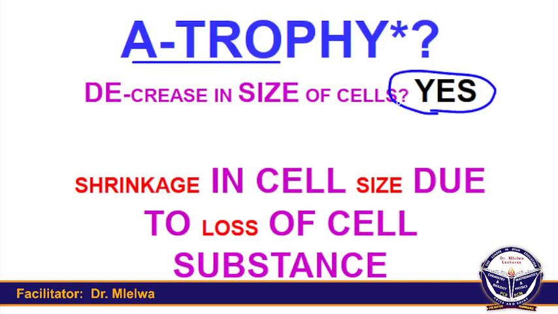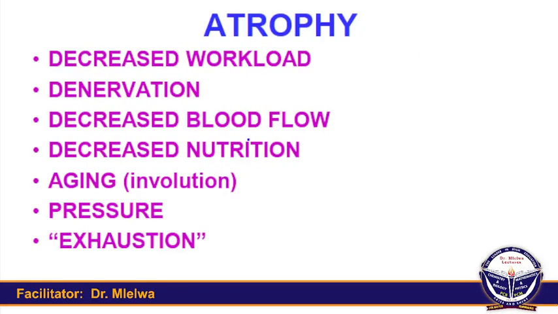What happens is the shrinkage in cell size due to loss of cell substance. Unaona, kwa cell inapungua size, ina shrink na kupungua size.